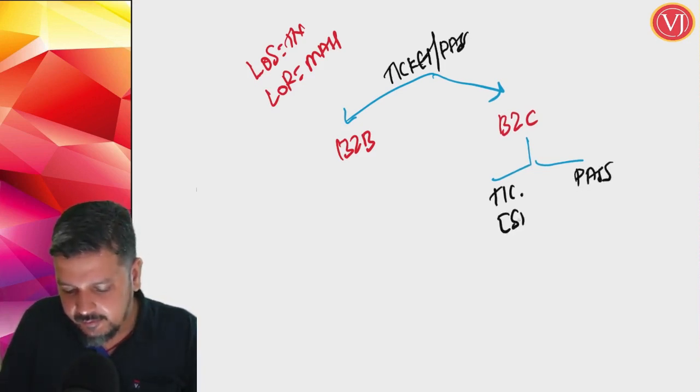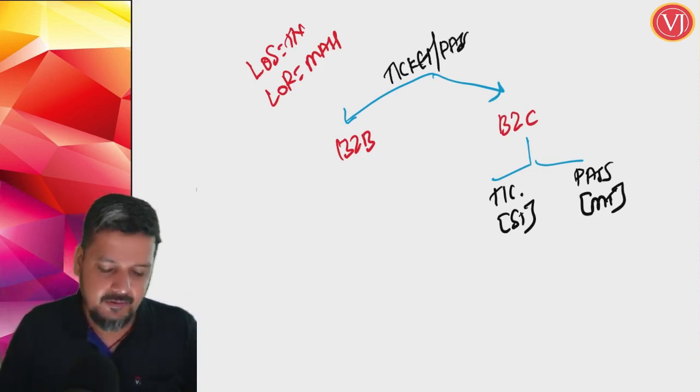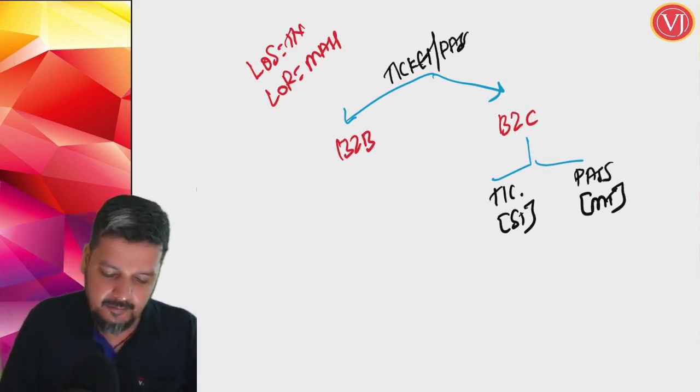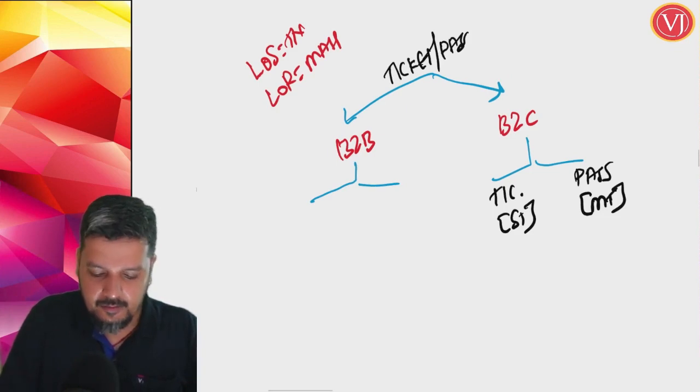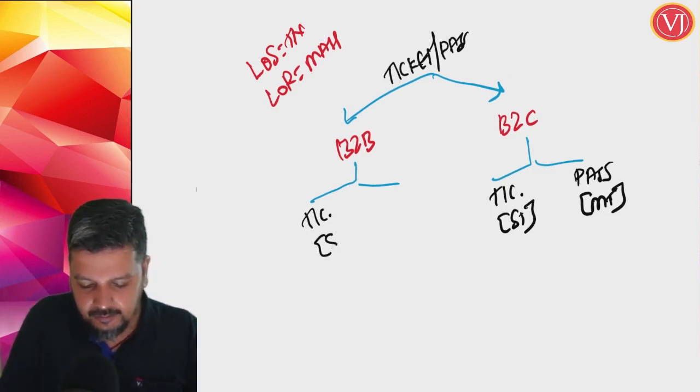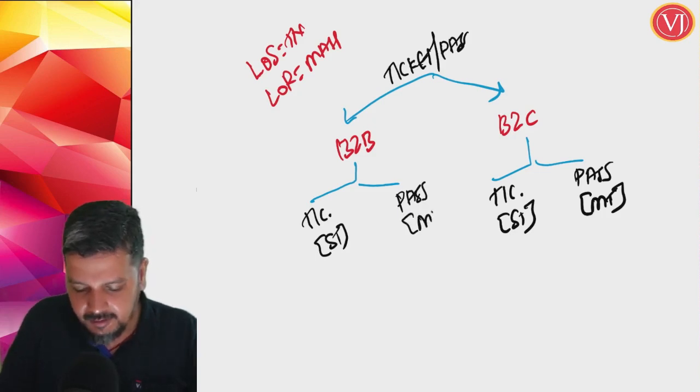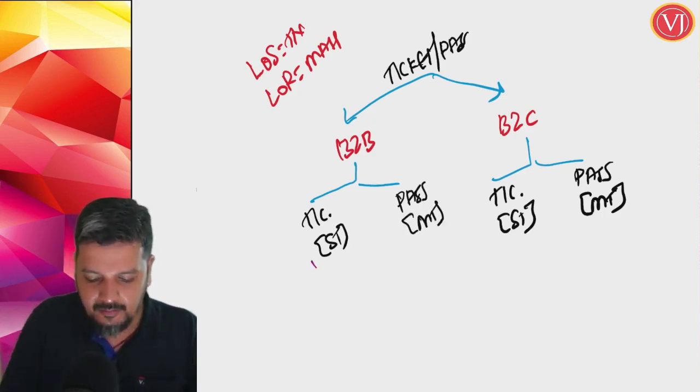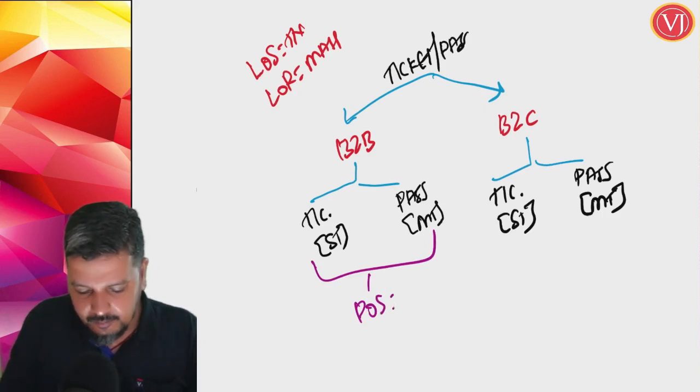Correct? Single travel, multiple travels. If it is B2B, whether it is ticket, that is single travel, or it is pass, that is multiple travel, no issues. Place of supply is location of recipient, which is Maharashtra. Correct?